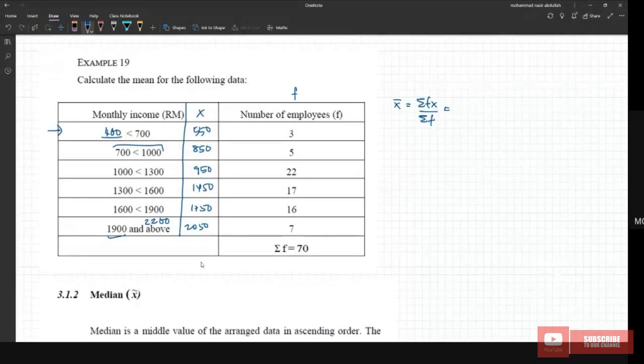So I got summation of fx is equal to 93800 divided by the summation of f is equal to 70. Do you get the same?